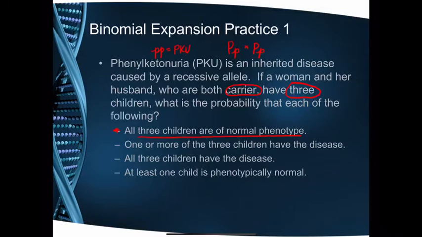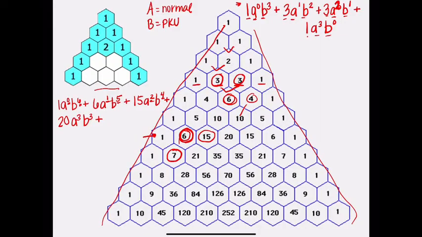So our question says we are looking for the probability that all 3 children have a normal phenotype, okay? So we want 3 A's and 0 B's, 3 normals and 0 PKU. So that's this part of the equation right here. 1 a to the 3rd, b to the 0, okay? I'm going to write that down here. 1 a to the 3rd, b to the 0.